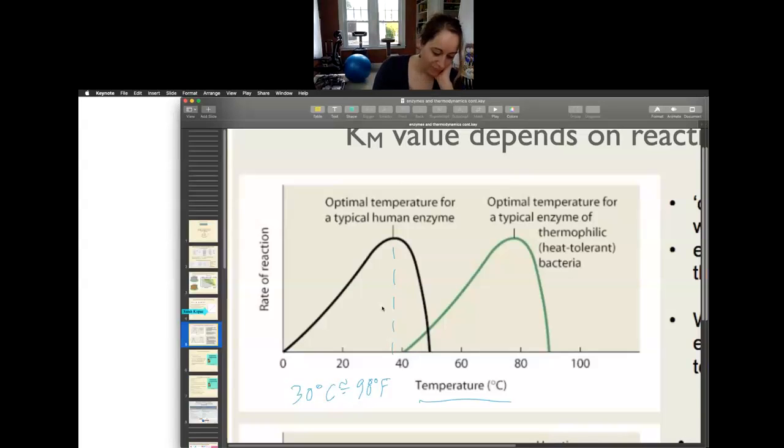Why do we think that we have the peak activity at this temperature?